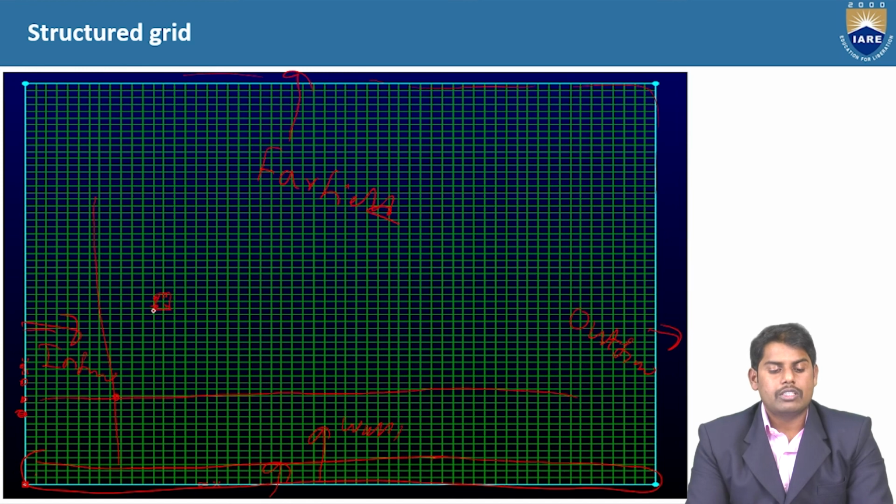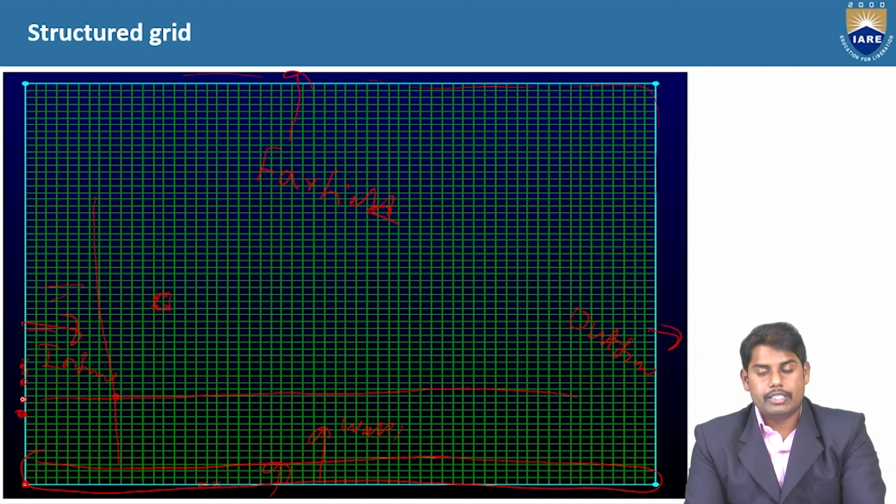This is called a structured grid because no two x lines will meet each other at any point and no two y lines will meet each other at any point. That is why we call it a structured grid. Here we will apply the boundary conditions on these 4 edges. This is the inflow; let's say you have a 2 meter per second velocity inflow.